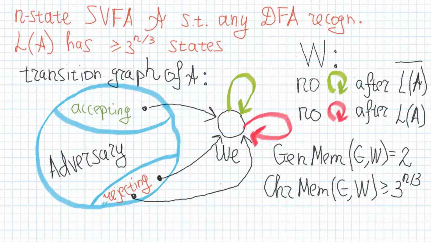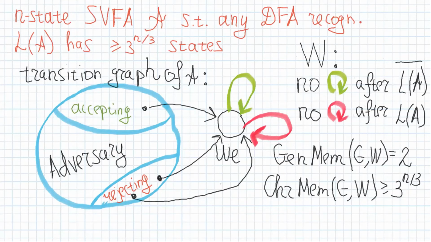Okay, and then we have to argue that we can win using two states of general memory, but we cannot win using fewer than 3^(n/3) states of chromatic memory. So let's start with general memory. Our automaton is self-verifying.